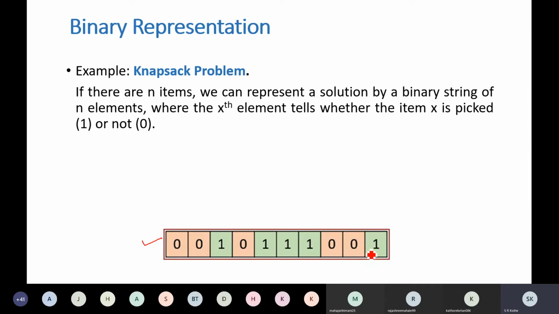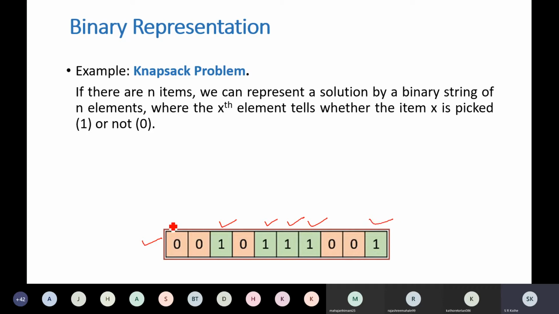For example, if your problem is a knapsack problem and we have n elements, the corresponding bit value will be 1 if that element is selected, otherwise it is 0.